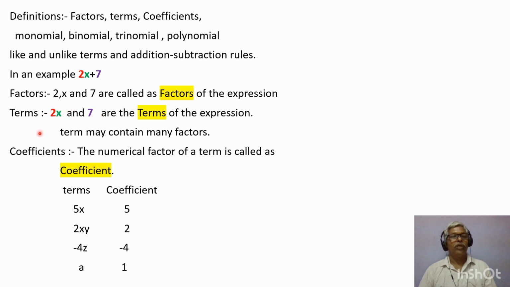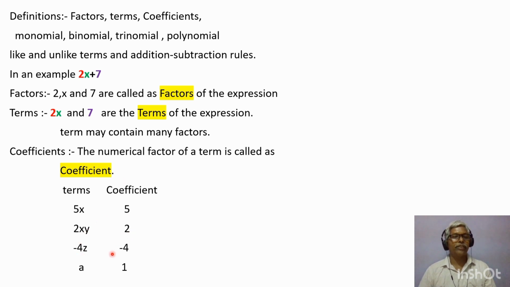And the third one is coefficient. The numerical factor of a term is called the coefficient. This is a term. So see these examples of terms and coefficients. Term is 5x, the numerical factor 5 is the coefficient. 2xy, so the coefficient is 2.